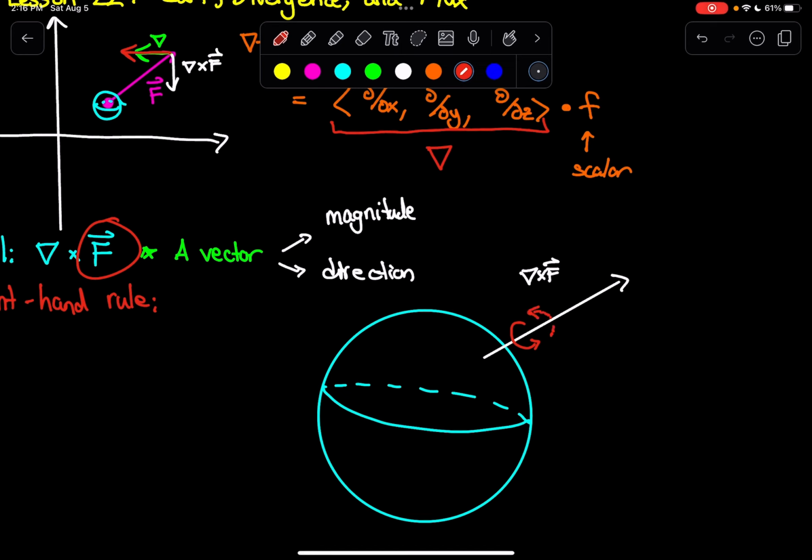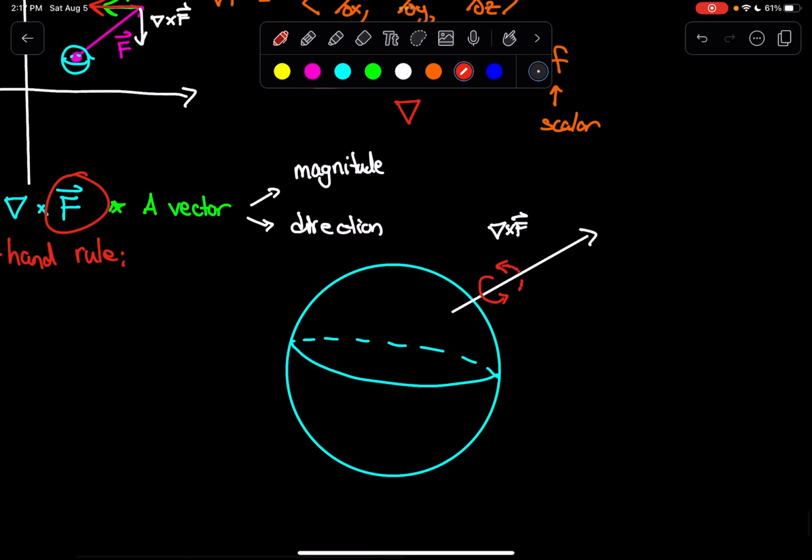That tells us that our ball is going to rotate counterclockwise, about that particular axis right there, okay? And now what do you think the magnitude represents? Well, the magnitude corresponds to the amount of rotation happening in our vector field, happening in F at that point.